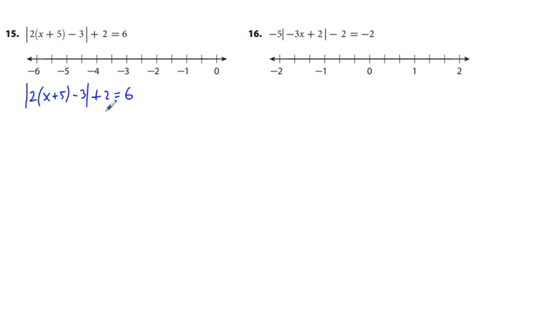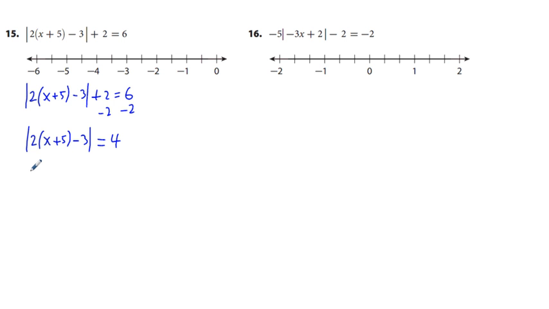So if we subtract 2, we get 2 times quantity x plus 5 minus 3 is equal to 4 on the right side. And I hope you can see by this point how many solutions we have. If you said 2 solutions, you're right, because we have equal to a positive number on the right side.